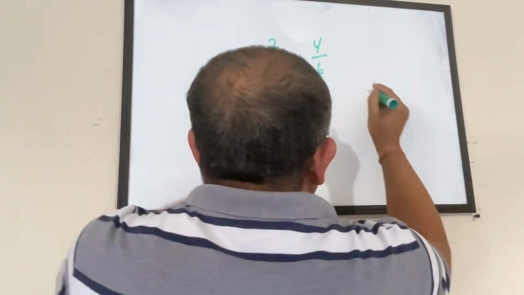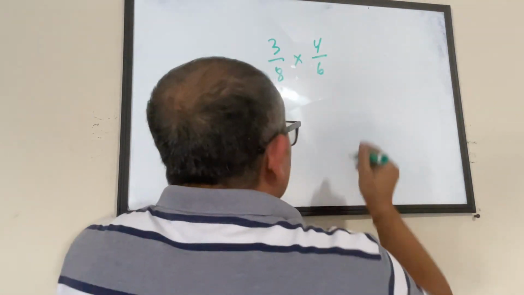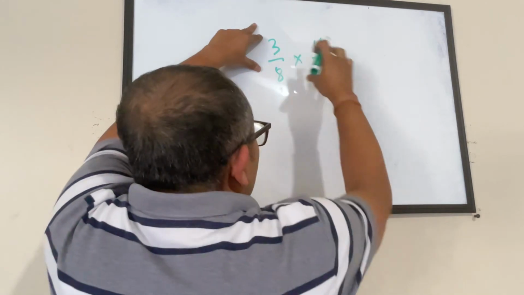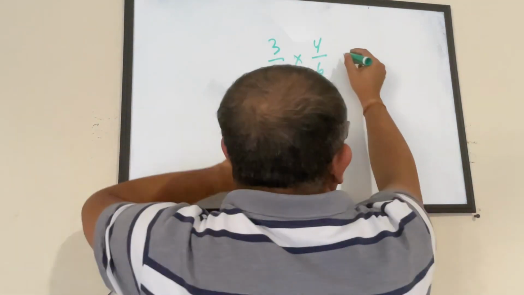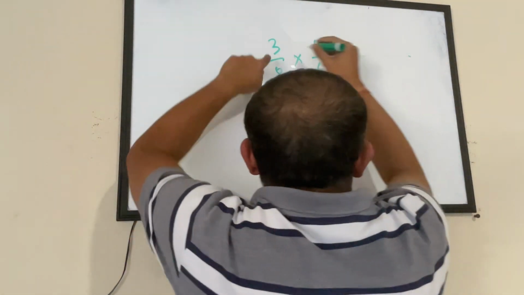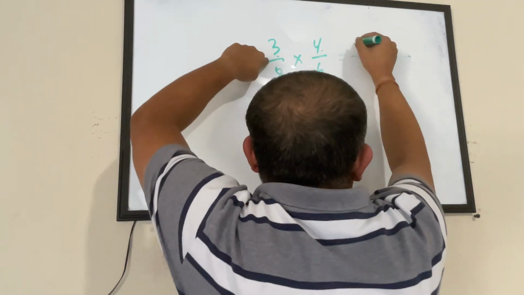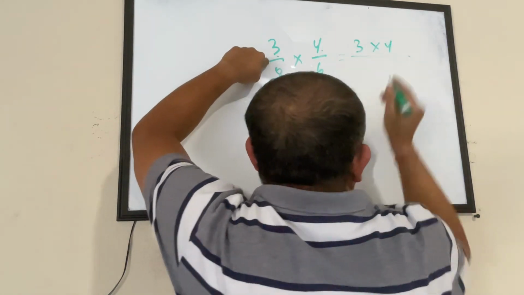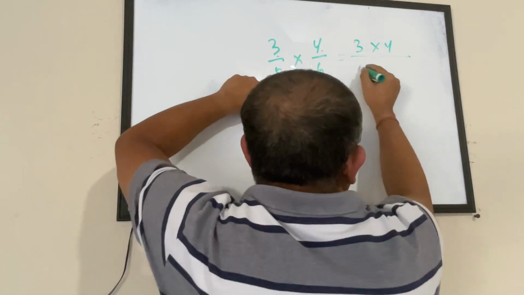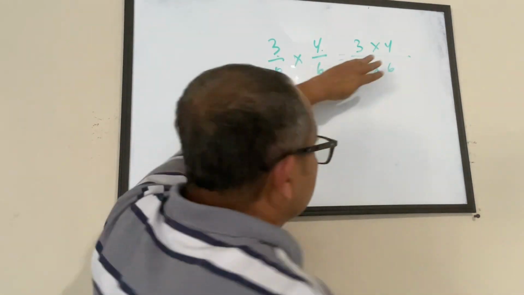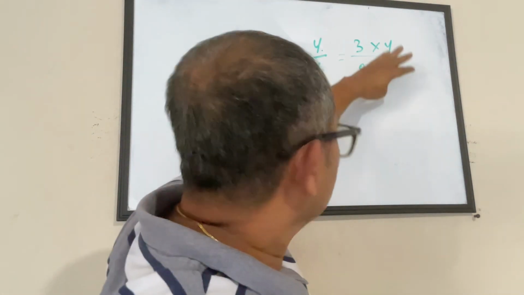In very simple terms, everybody is still on mute. Give me time. If I have 3 by 8 but to multiply with 4 by 6, what will I do? Very simple. Whatever is here on the second floor, 3 times 1, 3 times 4, whatever I have here, it goes here. That's okay.